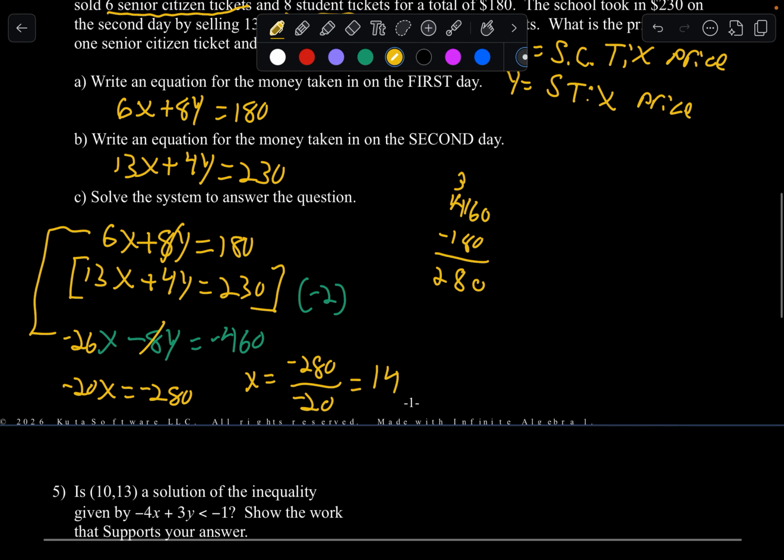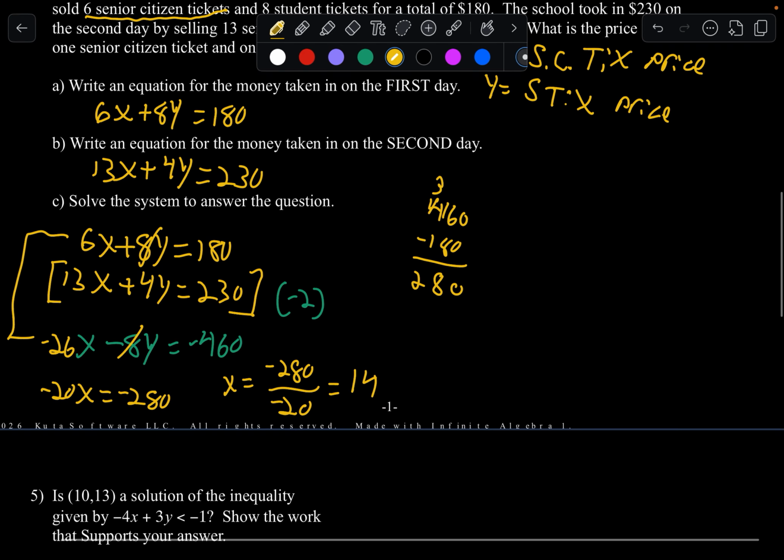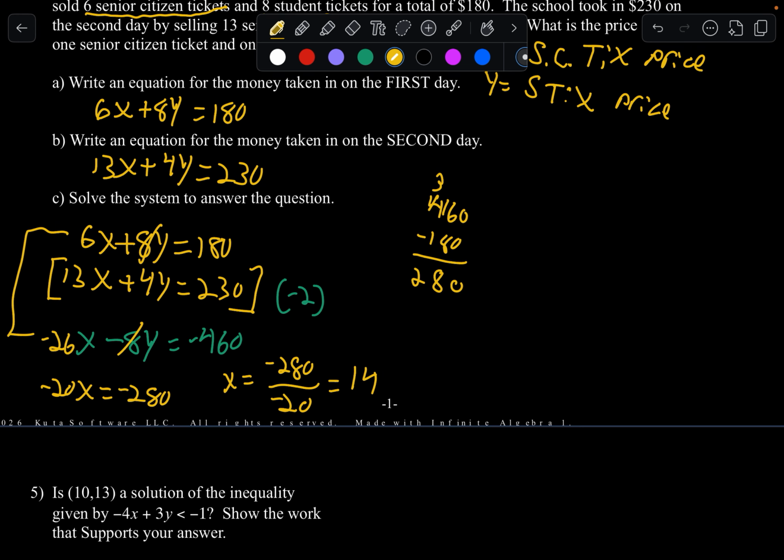So to calculate what y must be, we plug it into an equation. Since I don't have a calculator, I'm going to use the top equation. So that's 6x, x is 14, plus 8y equals 180. 6 times 14, 6 times 10 is 60, 6 times 4 is 24. So that's 84.